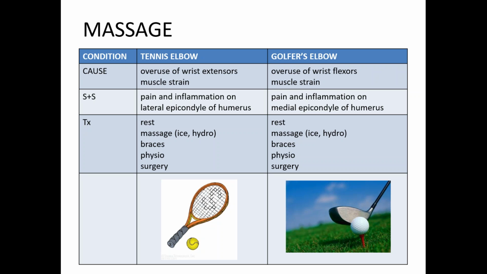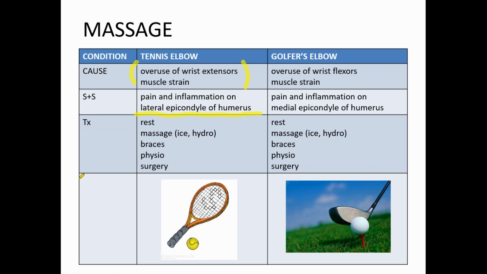For example, tennis elbow is like if the motion is as if you were doing a backhand in tennis, snapping your wrist into extension. So you're overusing the wrist extensors and those muscles get strained. So you get pain and inflammation where do those muscles originate? The extensors originate on the lateral epicondyle of the humerus.